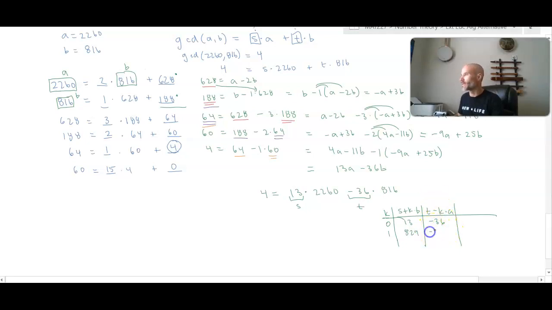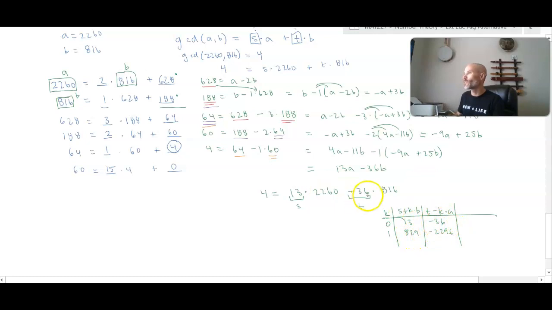And we get negative 2296. So the idea here is that if I, instead of using 13, use 829 times 2260, and instead of using negative 36, use minus 2296 times 816, I still get 4 as the result. So that still works out.